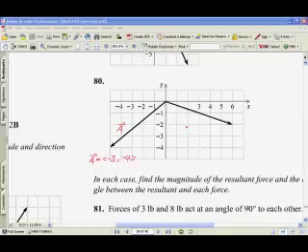And we call this vector B. So the x component of this vector is equal to 6. And the y component is equal to negative 2. Okay. Now, let's go to the whiteboard.